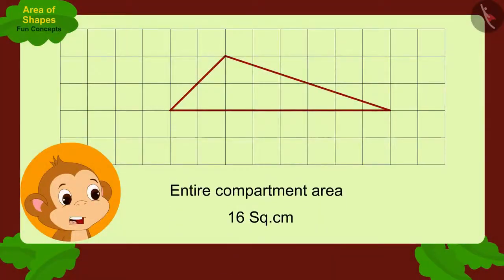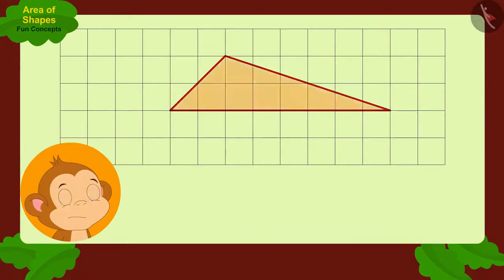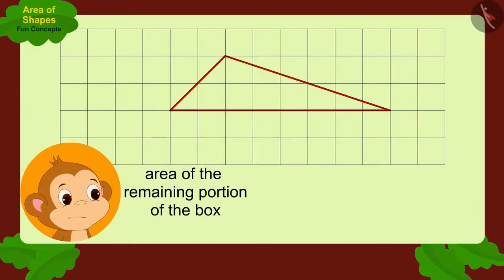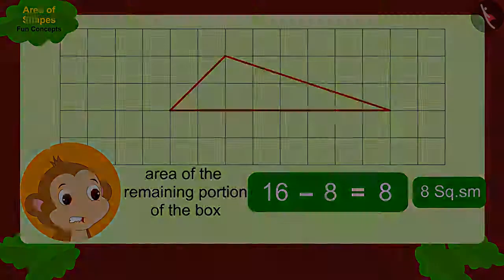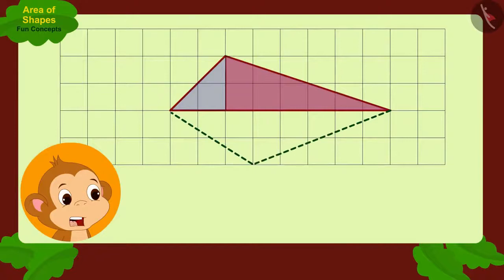The area of the entire box is 16 square centimeters, and the area of this part of the box is 8 square centimeters. This means the area of the remaining portion of the box is 16 less 8 square centimeters. If I draw two such lines, then two triangles are being formed in this part of the box.